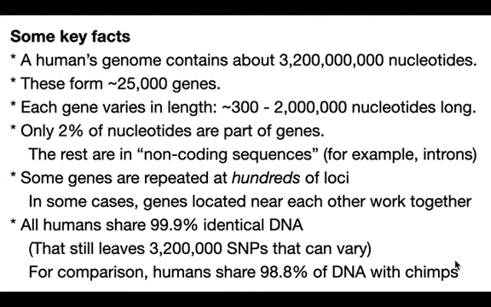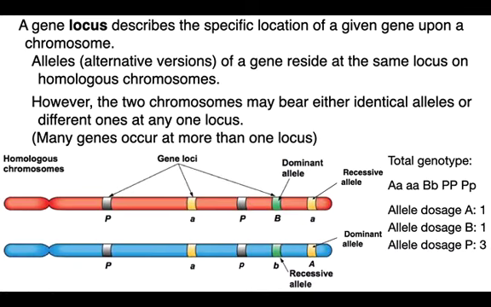But the reason we can easily distinguish humans from chimps is because we are 0.1% different from each other, and we are 1.2% different from chimps. So that's 12 times more variability? It's a lot, right?